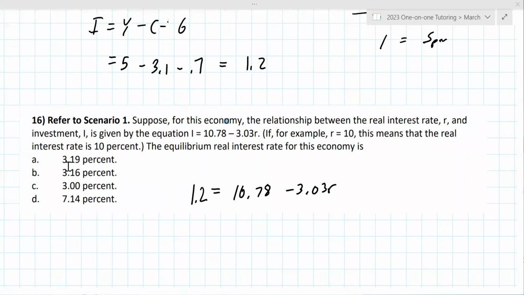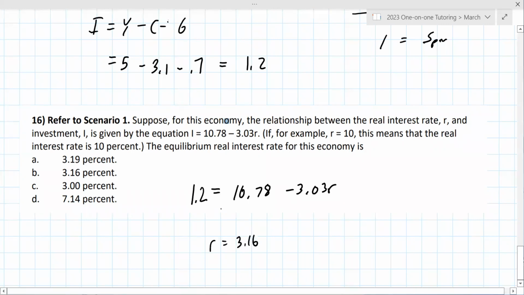These answers are close enough together that I would not try to justify it as being close. I would recognize that there was a mistake in the calculation. 3.03R, which gives us negative 9.58. 3.03R divided by negative 3.03, R equals 3.1617. Perfect.